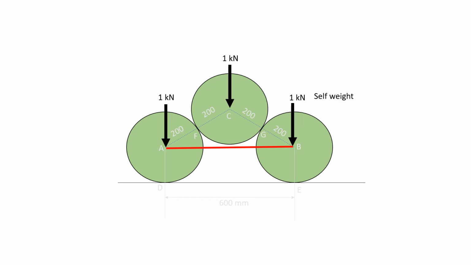First, consider the spheres. Because of the 1 kilonewton self-weight, there will be tension in the cable. They will be pulling towards each other like this.